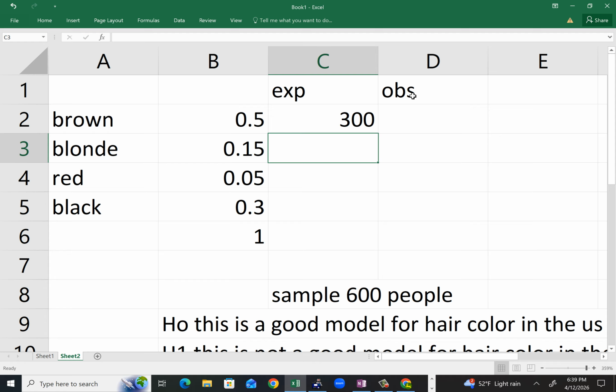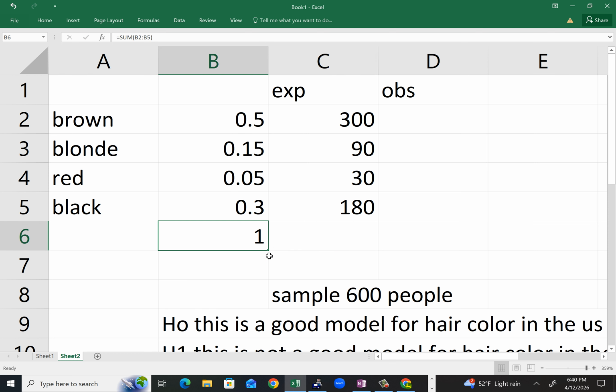I expect 90 to be blonde. I expect 30 to be red, and I expect 180 to be black. And let's just double check the sum of that, because the sum here had better be 600.